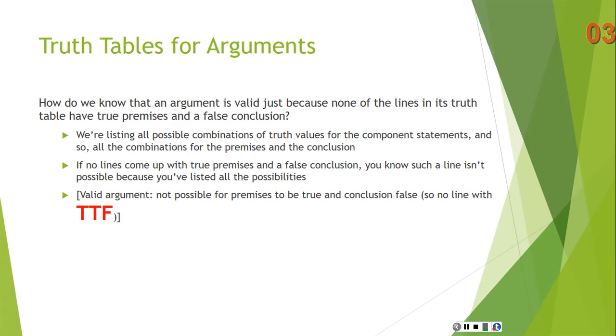But first, we need to ask, how do we know that an argument is valid just because none of the lines in its truth table have true premises and a false conclusion? You need a little background for this. The way that you determine for a truth table, for an argument, whether the argument is valid or invalid, is you look for a line in which the first premise comes out true, the second premise comes out true, and the conclusion comes out false.